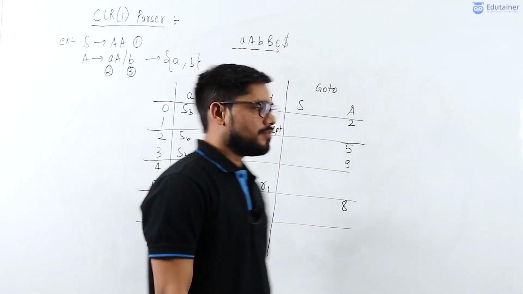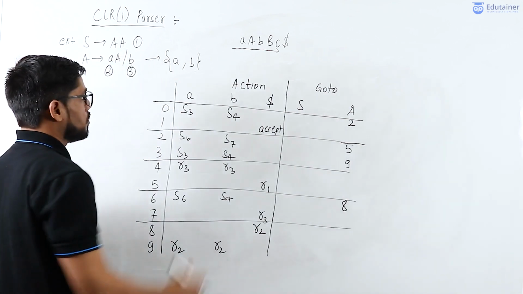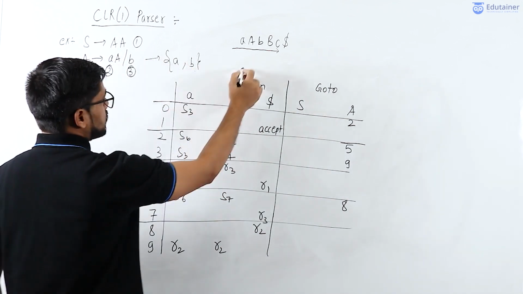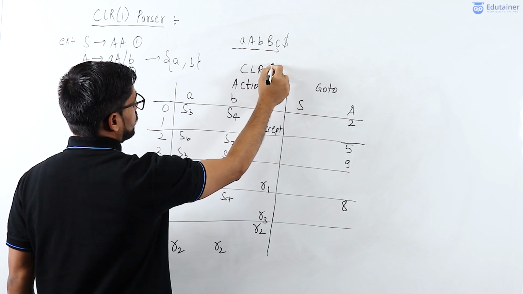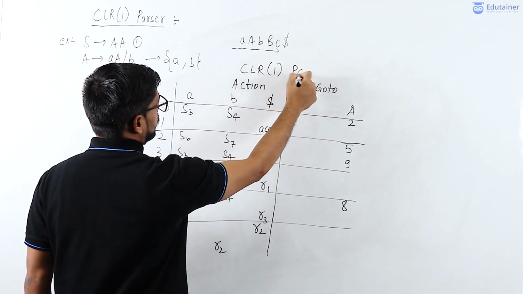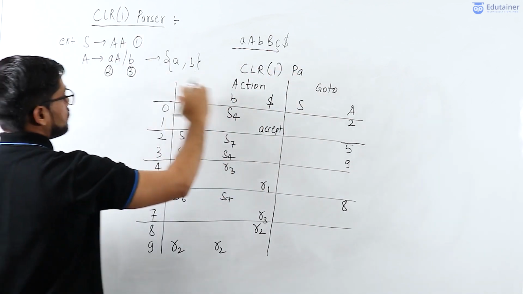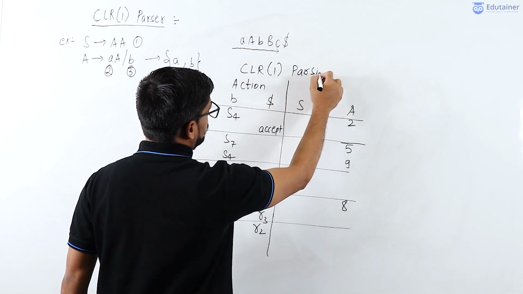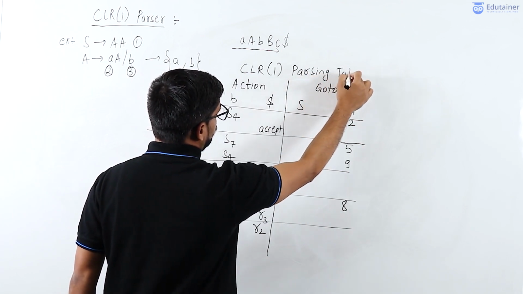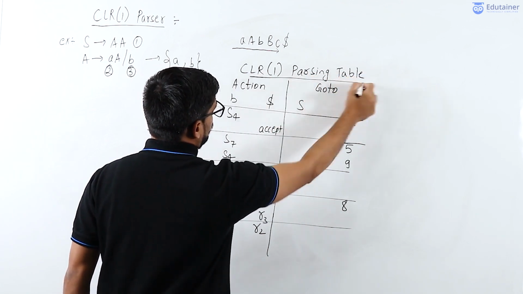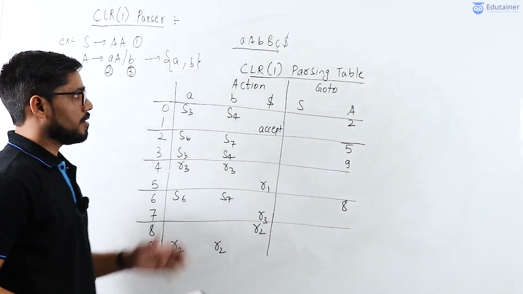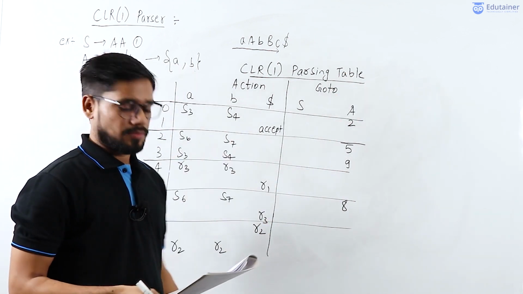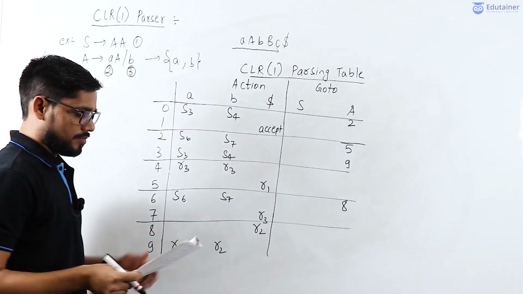Okay. So let's see the CLR1 parsing table for this grammar. Okay, CLR1 parsing table. So you can refer to the canonical collection of LR1 items.